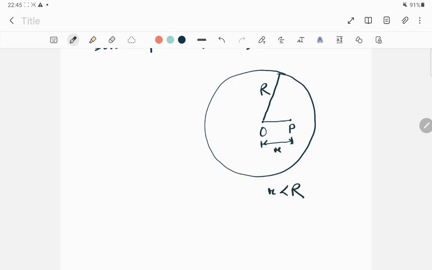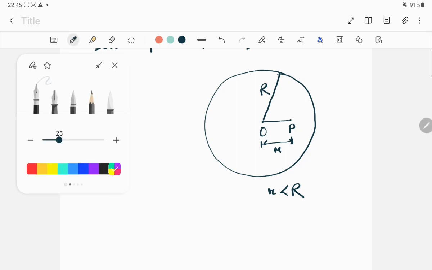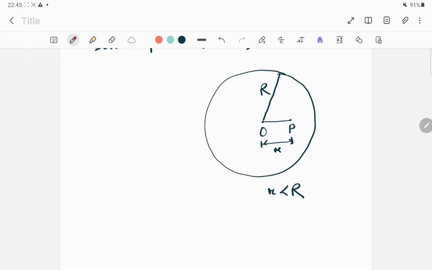Now why is the situation different? Now the situation is different because there will be a different impact of potential due to different parts of the sphere. So at the point P, we are going to have two effects.